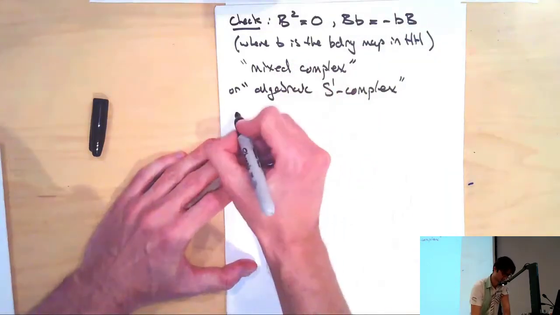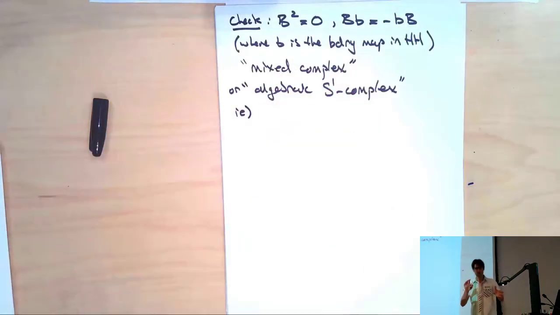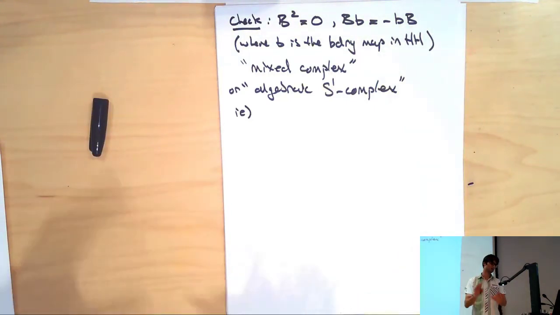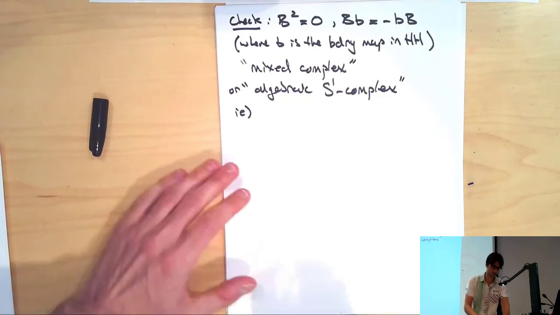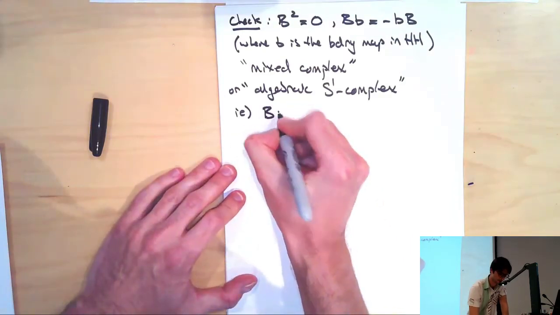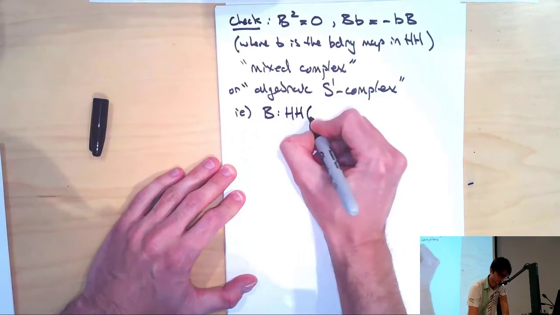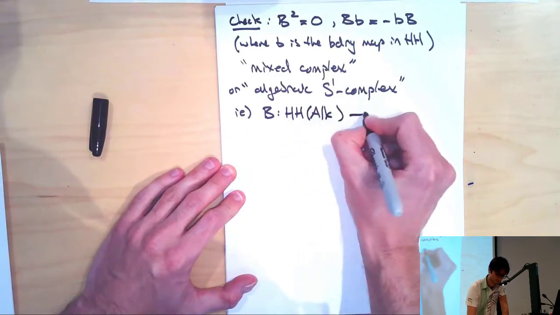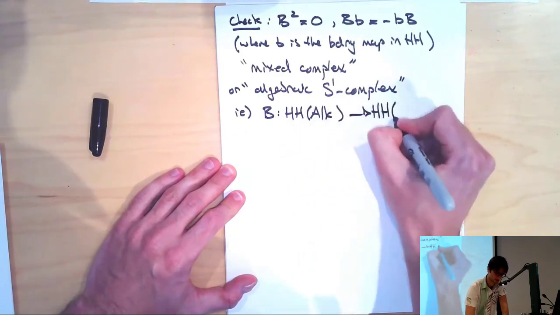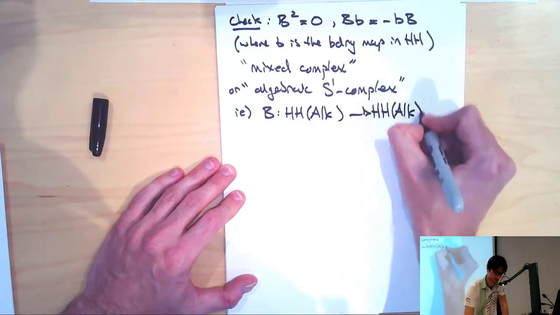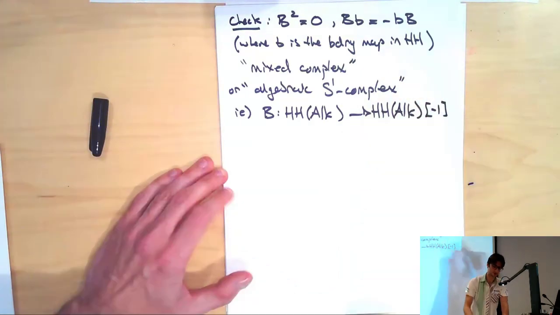But instead of thinking of it as simultaneously a chain complex and a cochain complex in a compatible way, you should stick to thinking of it as a chain complex. So you should keep thinking about HH, and you should think of this map B as being a map from the Hochschild complex to itself, but of degree -1.